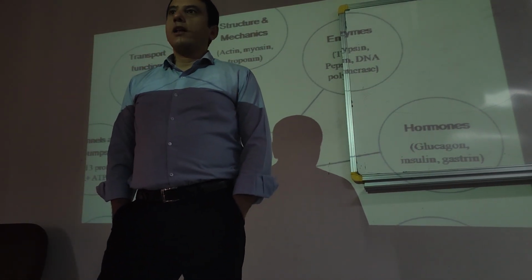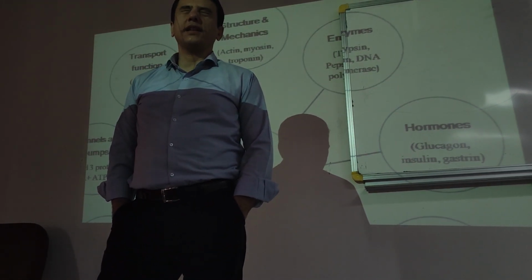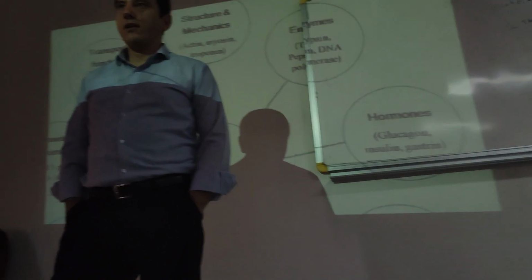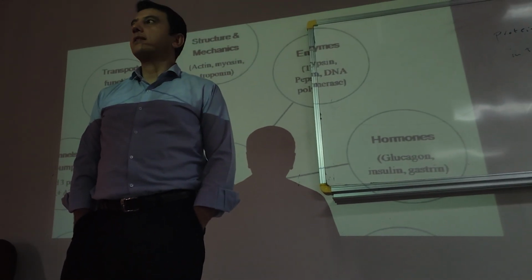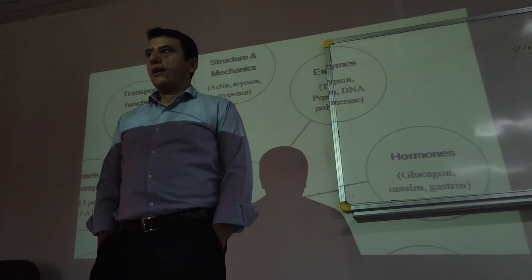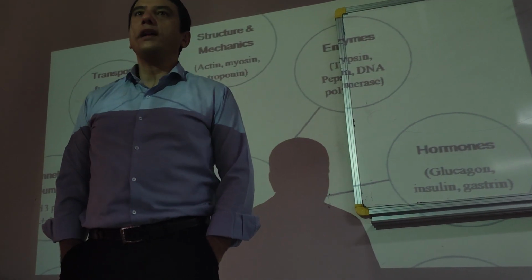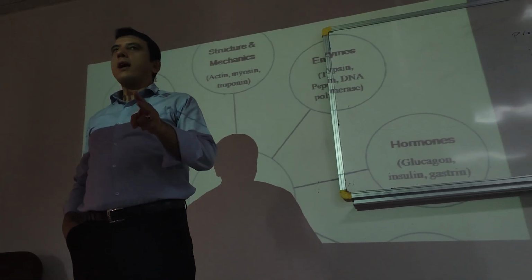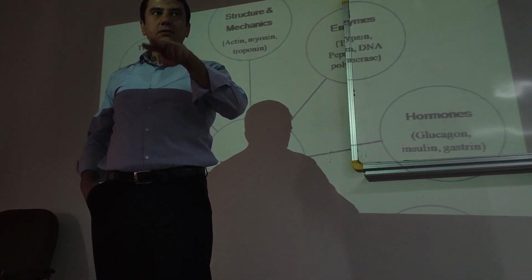There are several cells in our immune system which are named white blood cells. One type of white blood cells are lymphocytes. Lymphocytes are divided into two main classes.